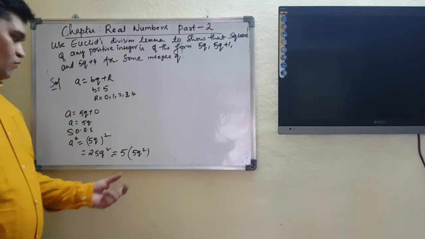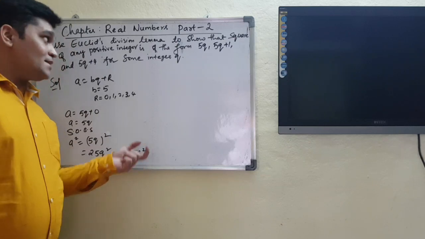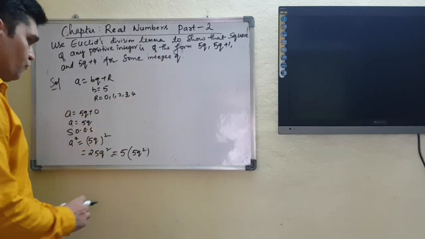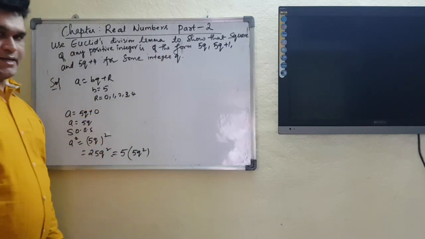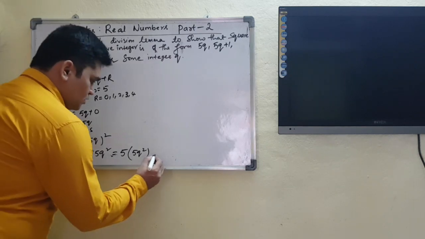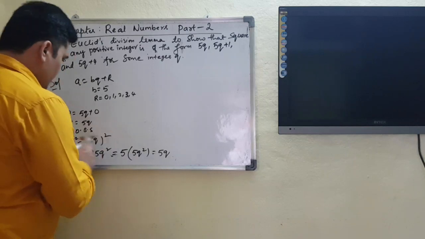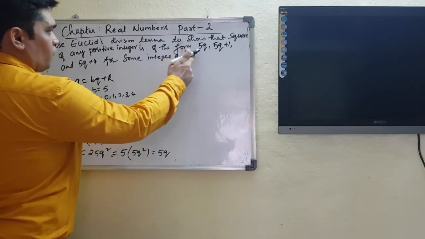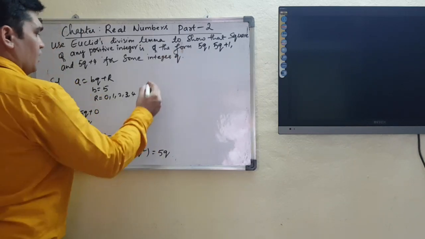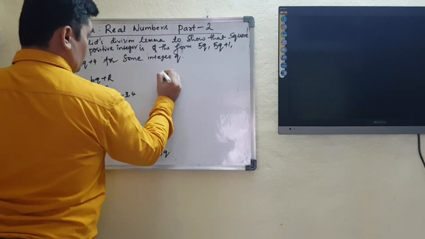You need to consider whatever the bracket terms are as the integer q. So if we assume 5q square as an integer q, it becomes 5q itself. So is it 5q plus 0, is it the form of 5q? Yes. Let's go with one more.